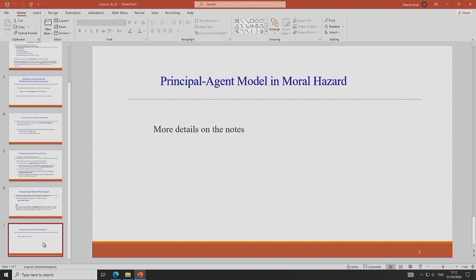Now, of course, you can have also the opposite. So you can have the probability of obtaining the low outcome under E equal to 1, and that's going to be 1 minus pi 1, and the other way around.